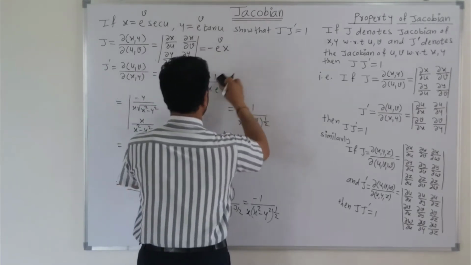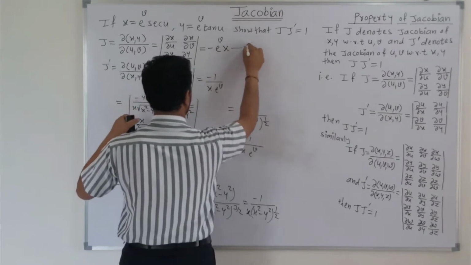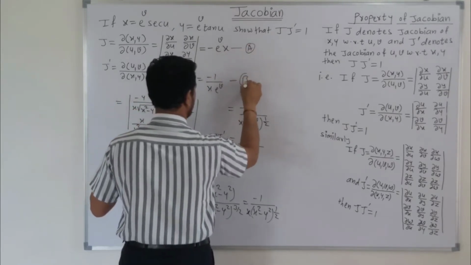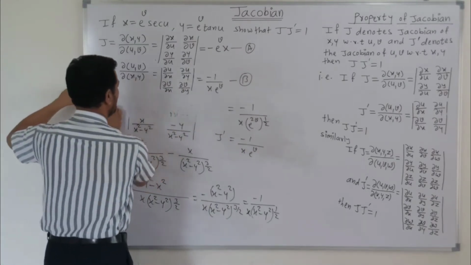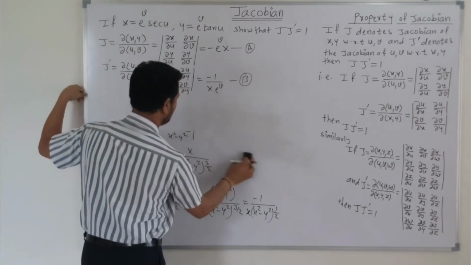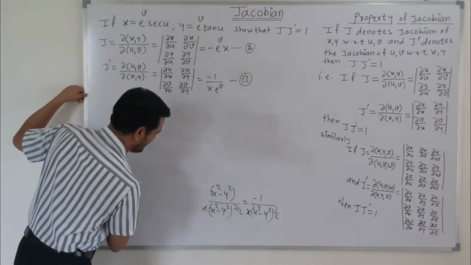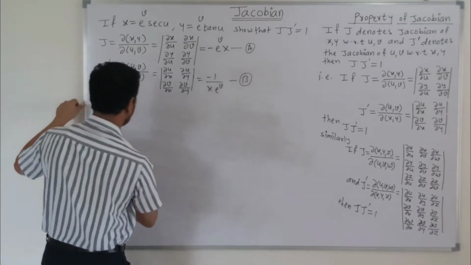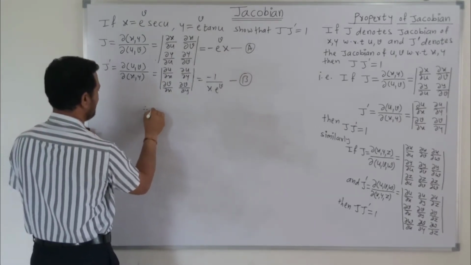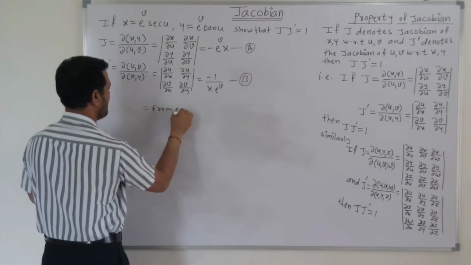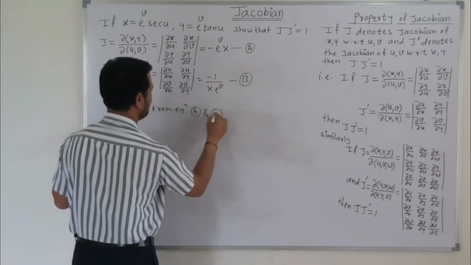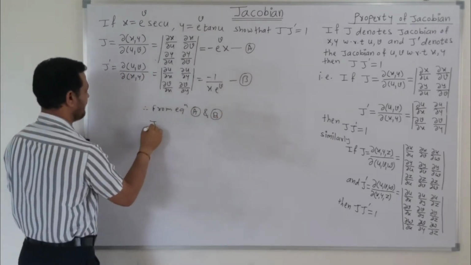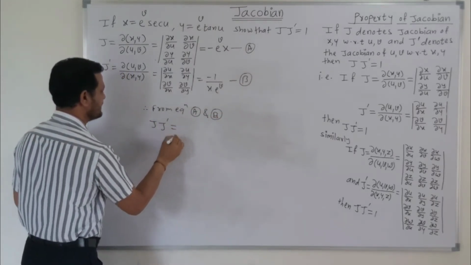Let's call this equation number A and this equation number B. So from equations A and B, if we take the product of these two terms, then we get the property of Jacobian. Therefore, from equations A and B, we get the value of j into z dash.